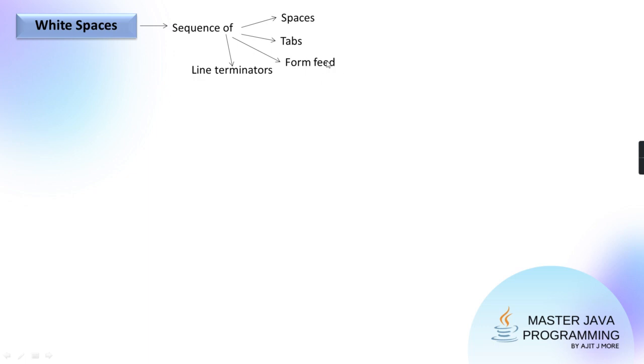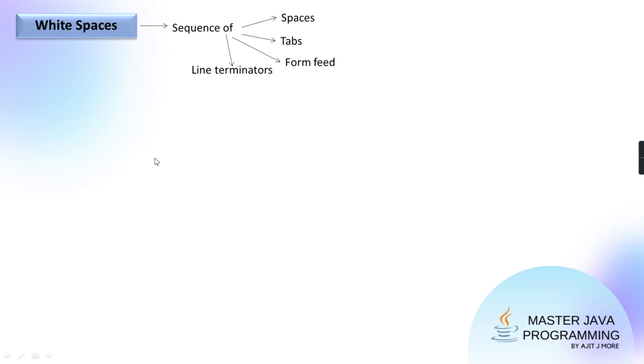Form feeds don't have any effect on the console, but that character comes under white space. It mainly affects the printer. Then the line terminators like \n, \r all come under white space.